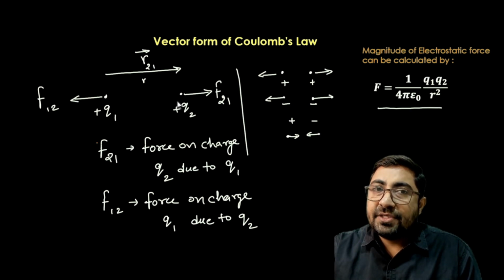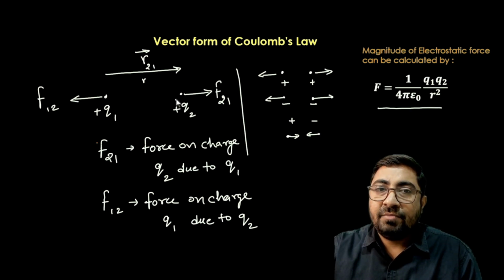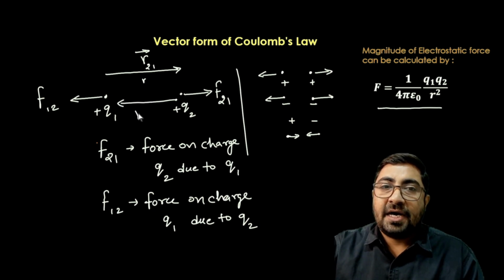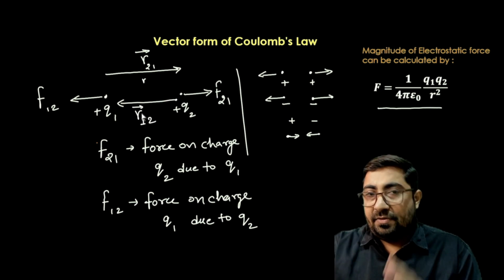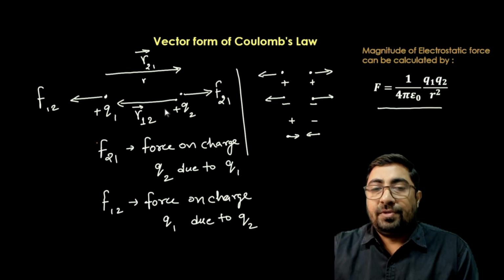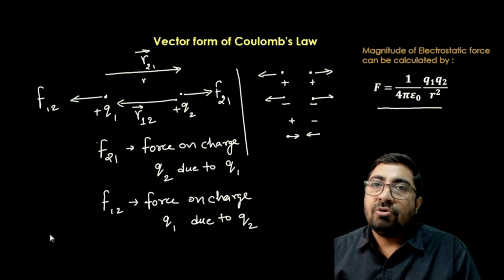And for the other distance, from charge q2 to charge q1, in the direction of that force, I write r12. What does it mean? That is the position of charge 1 from charge q2. This is all about the notations.